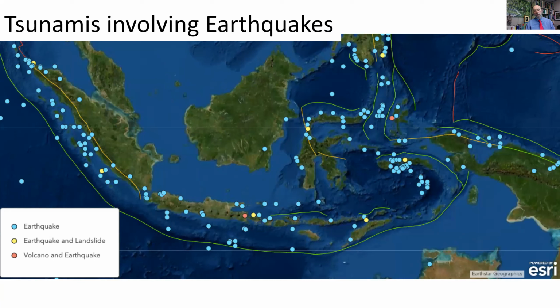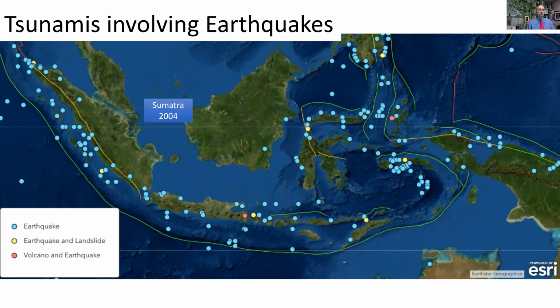Earthquake sources of tsunamis, more than 100 in Indonesia. This is information compiled by ESRI, the Earth Science Research Institute. And you have your own BMKG catalog, which is probably more complete. But you can see the distribution of earthquake-generated tsunamis is very wide.